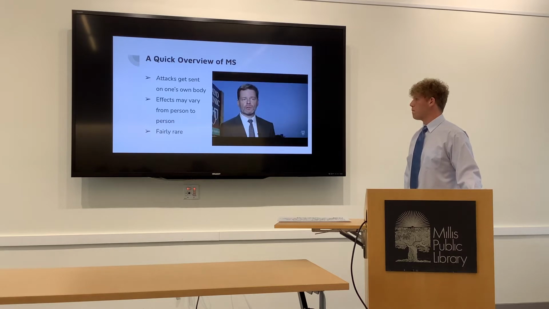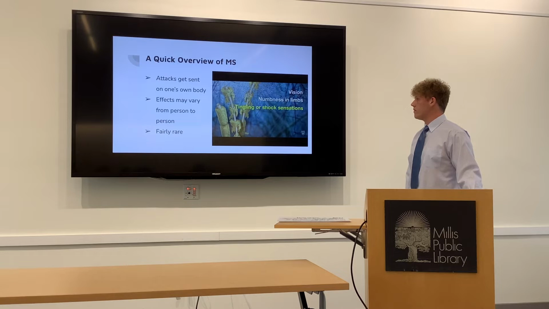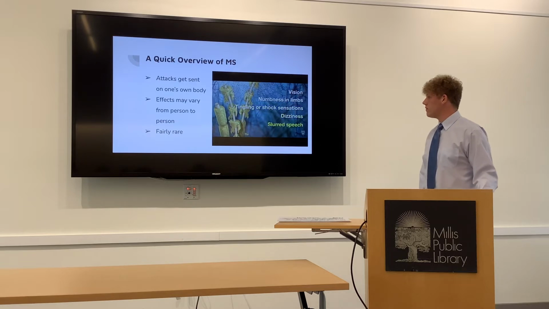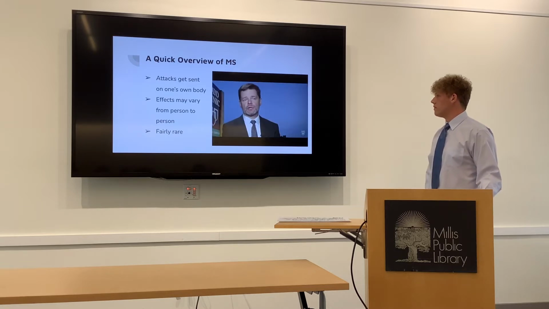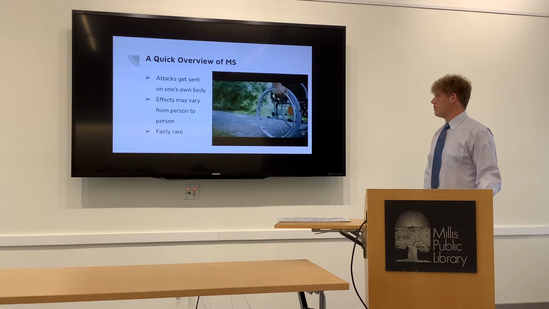It's the optic nerve, which is for vision. It could cause loss of vision in one eye. Other common symptoms include numbness in one or more limbs, tingling or electric shock sensations, dizziness, and slurred speech. It also tends to strike people in early adulthood, so most people developing their first symptoms in their 20s or 30s. Dr. Wingerchuk says although there is currently no cure for MS, several drug therapies are now available, and real strides are being made in research.